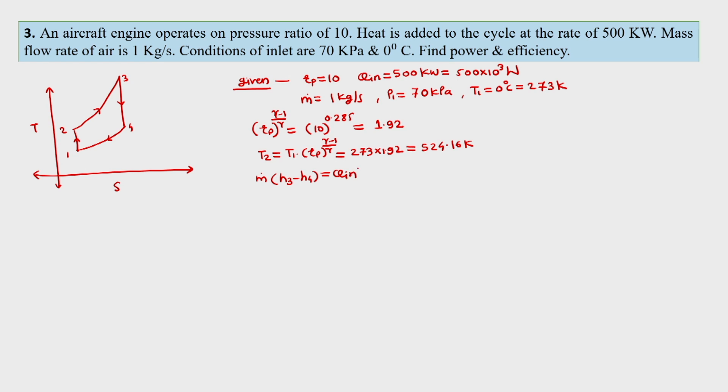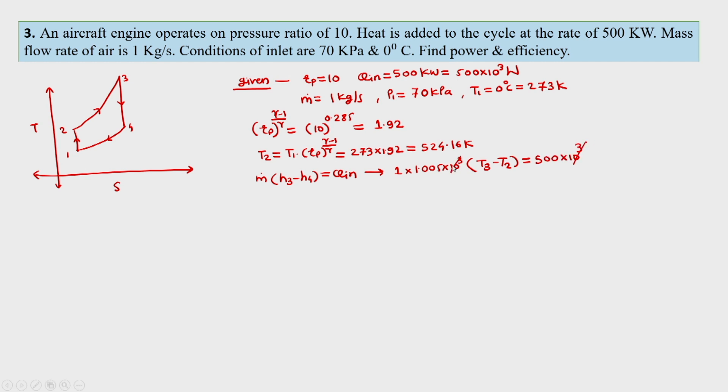We can find out T3, but for that we can use m dot into H3 minus H2 is equal to Q in. So m dot is 1 kg per second into Cp is 1.005 into 10 to the power 3 joule per kg Kelvin into T3 minus T2 is equal to 500 into 10 to the power 3.